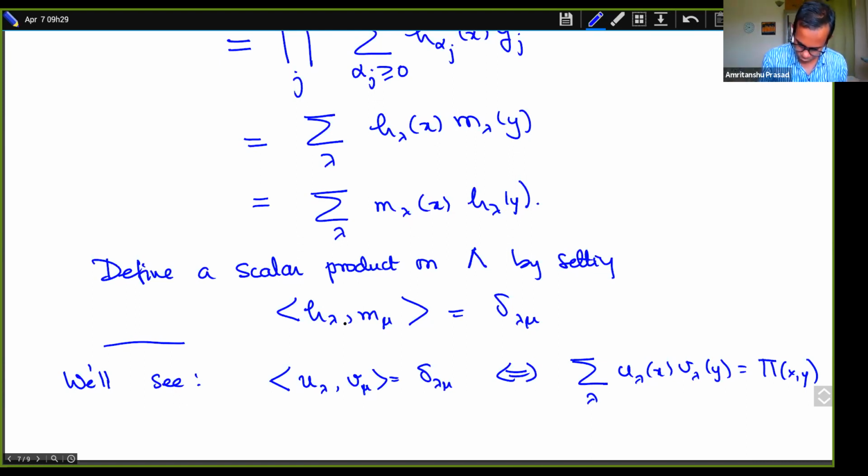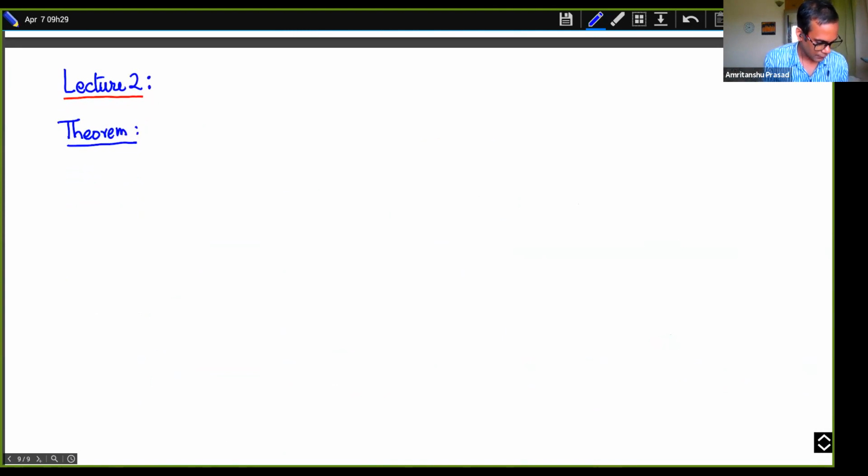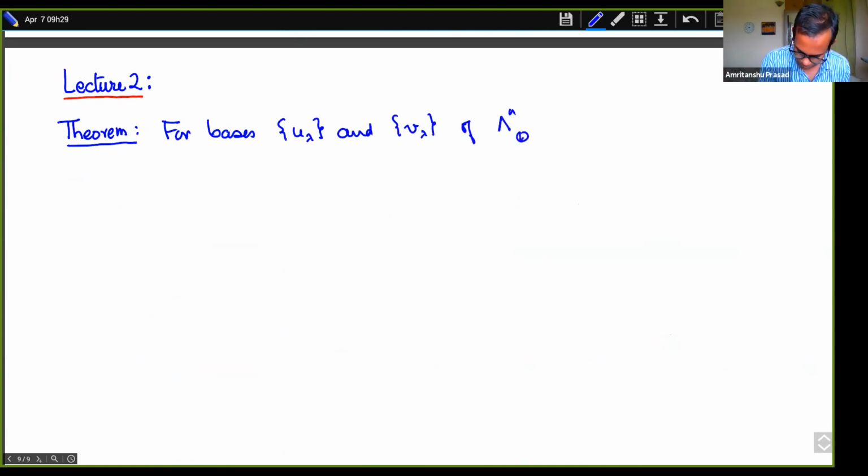And now I'm going to show that, so what I had promised last time, whenever you have bases u lambda and v lambda of symmetric functions, and now we'll just work over Q, indexed by partitions of n. So this is degree n homogeneous symmetric functions with rational coefficients.